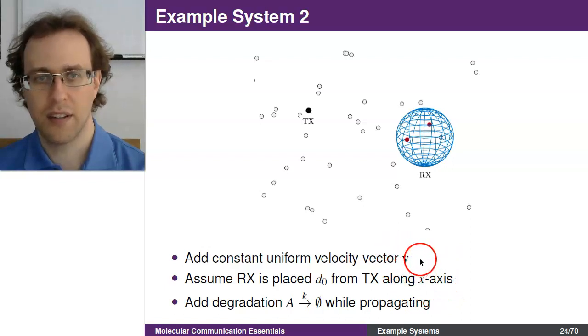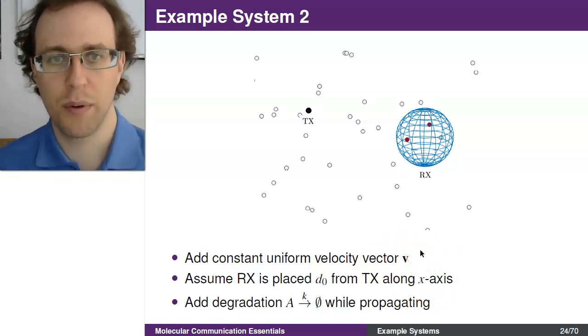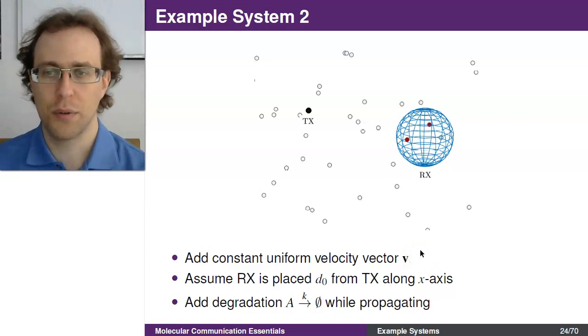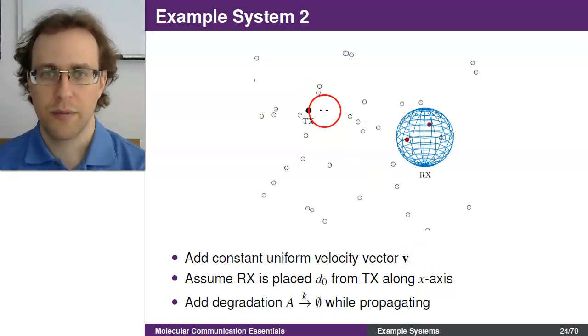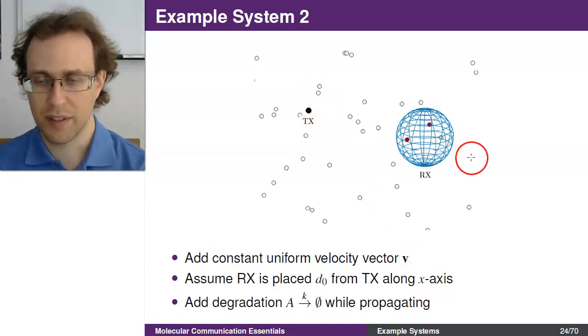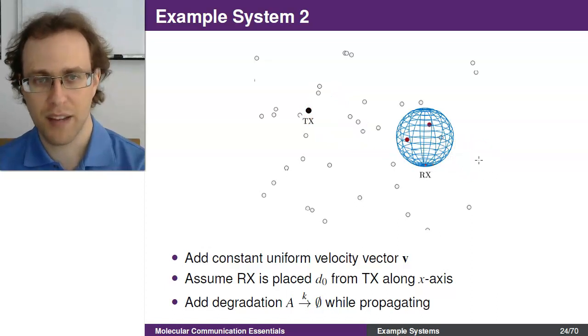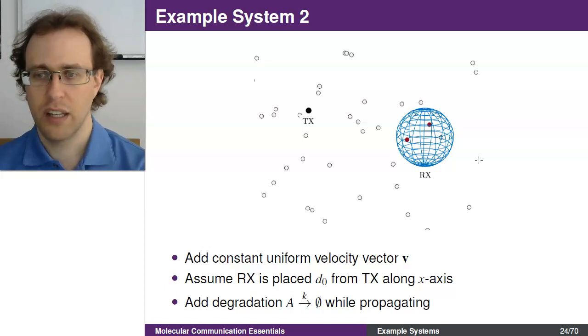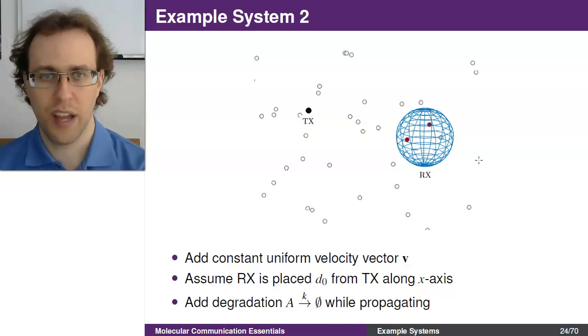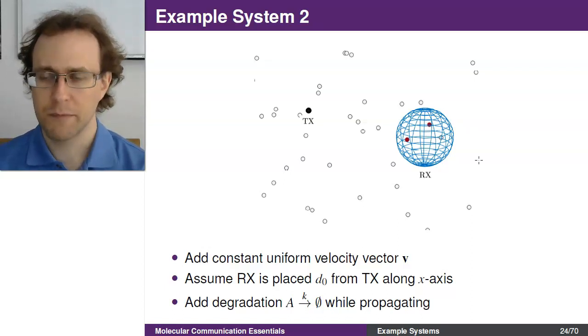So the x-axis velocity component will be pushing molecules in the direction from the transmitter toward the receiver. It will of course keep pushing them, so we'll push them past the receiver as well. The flow is going to be tangential with the line between transmitter and receiver.